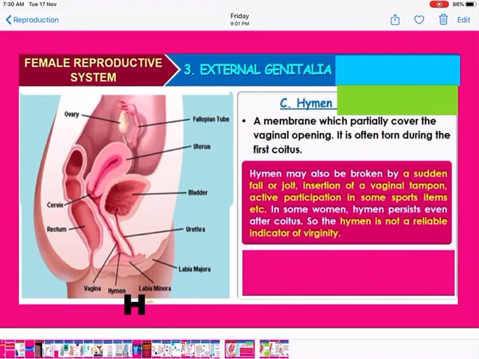Hymen may also be broken by a sudden fall or jolt, and sometimes also when a girl participates in some sports. But in some women, hymen persists even after coitus. So, hymen is not a reliable indicator of virginity. We cannot say if the hymen is present, the girl is virgin. No, it is not the reliable indicator.